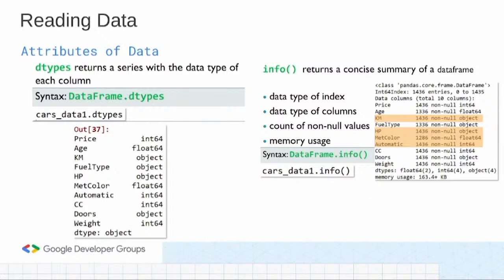It also gives the count of non-null values, so basically how many filled values there are in your data frame. All this information is given by the command dot info. It also gives the memory usage of the data frame, and the syntax is to use the info command along with the data frame name.